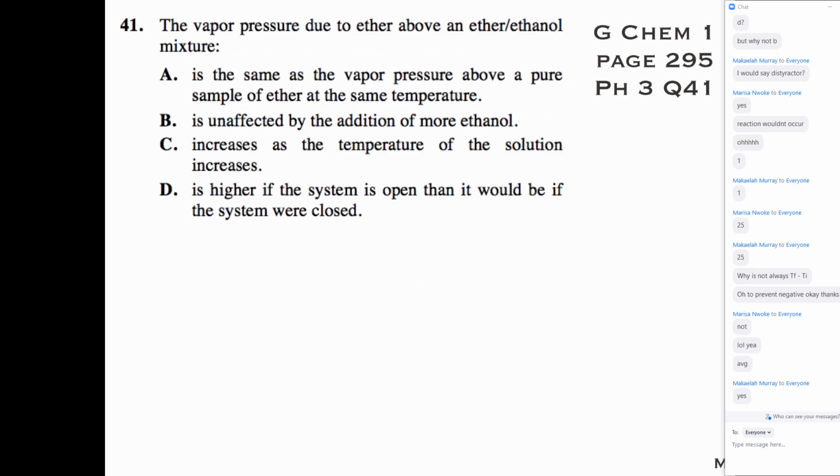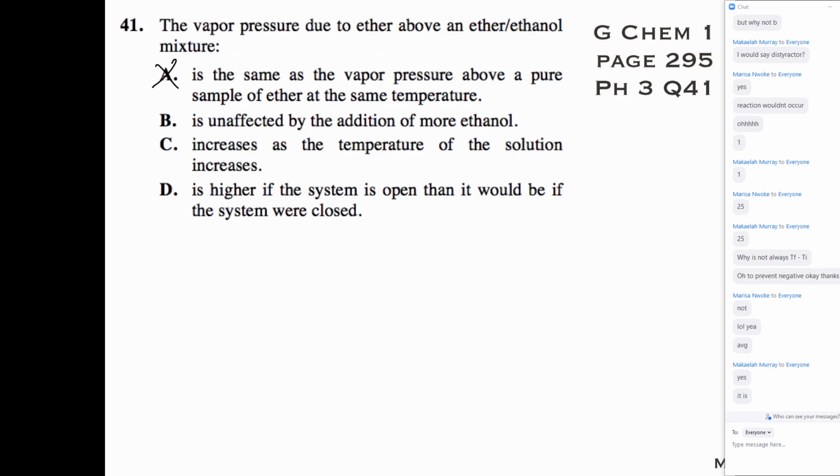Okay, so what next then? Is it affected by the addition of more ethanol? Sure, and the same reason that A is true, B must be true. If you change the percentages, you have a different weighted average.